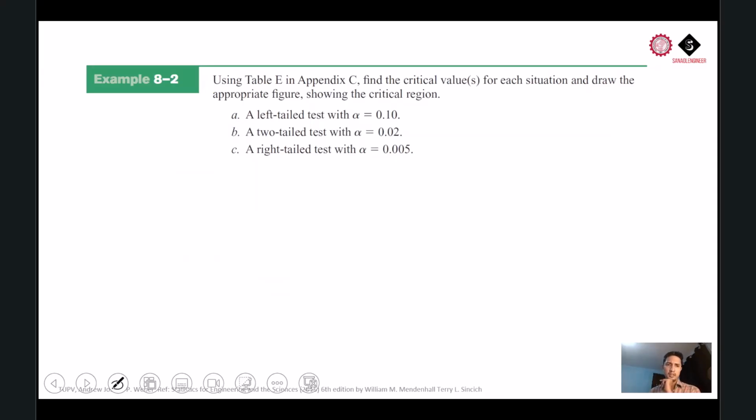So letter A, a left tail test with alpha 0.1. Left tail, so this is alpha, just 0.1, so this is 0.9.